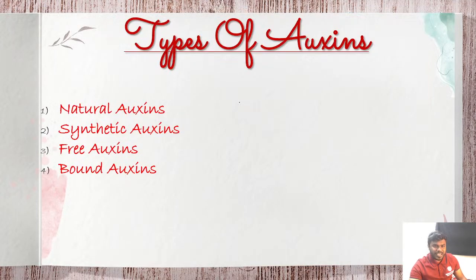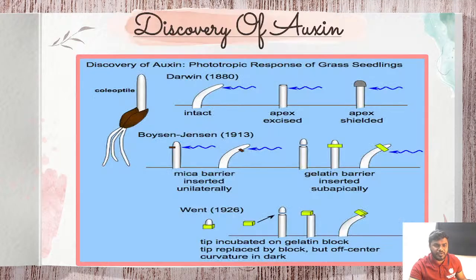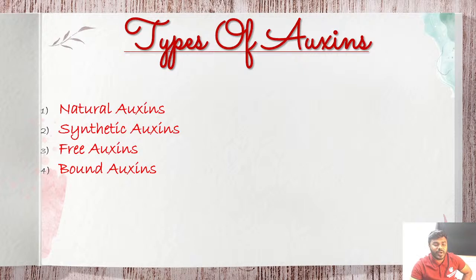Friends, I will explain everything briefly. Just pay attention. The only thing I want you to focus on is this. Before starting auxin, let's try to understand briefly the discovery of auxin. It is very important that you know how auxin was discovered.